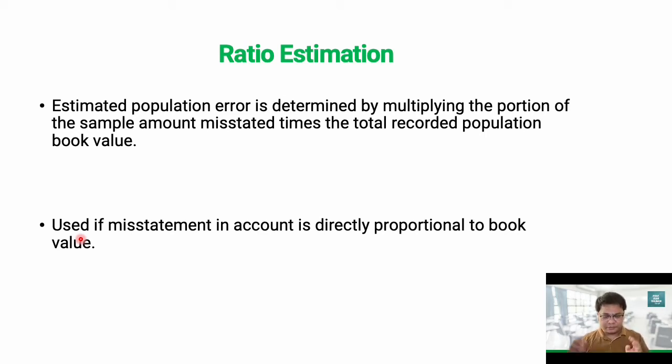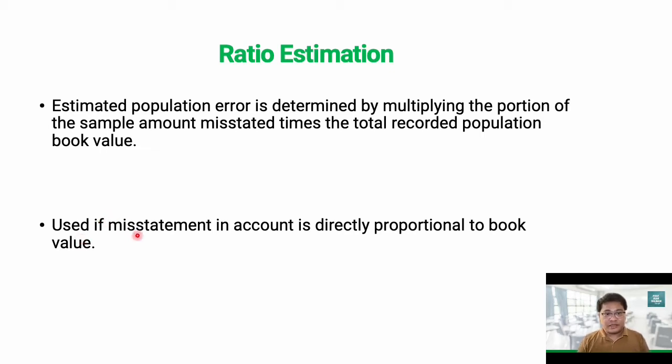Like for example, if the book value of the item is 1,000 pesos, you observe that the error is, let's say, 5 pesos, then when you examine an account worth 10,000 pesos, the misstatement on that item would still be within a similar range, 5 pesos, for example, then we can use difference estimation.